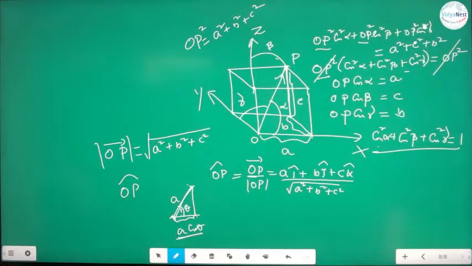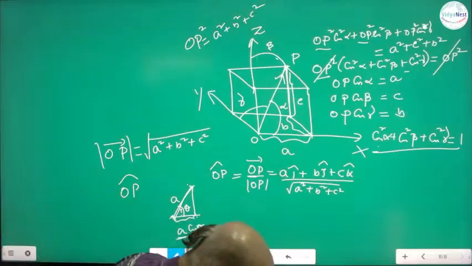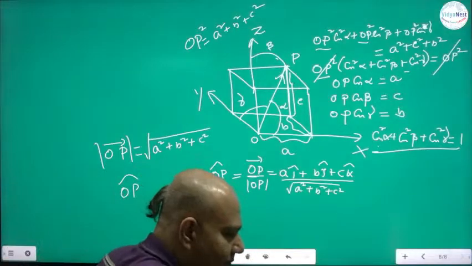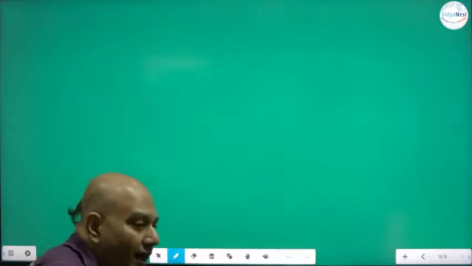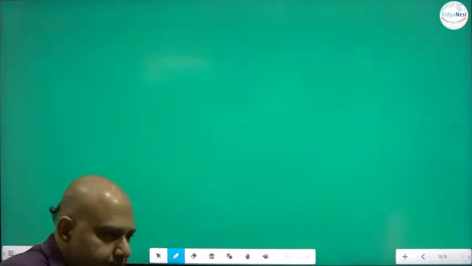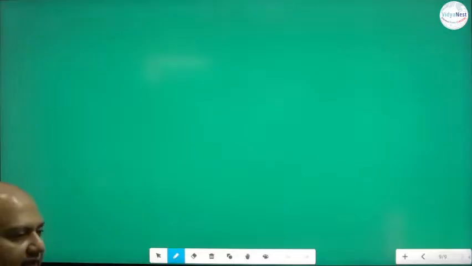But first of all, we have to do some examples, such as one-dimensional motion. In one-dimensional motion, Saurabh, you have to understand one thing that is called differentiation.